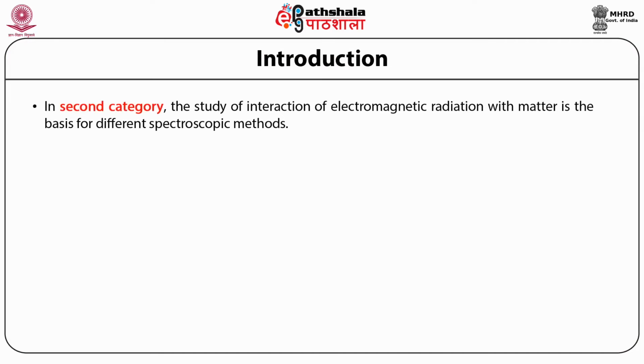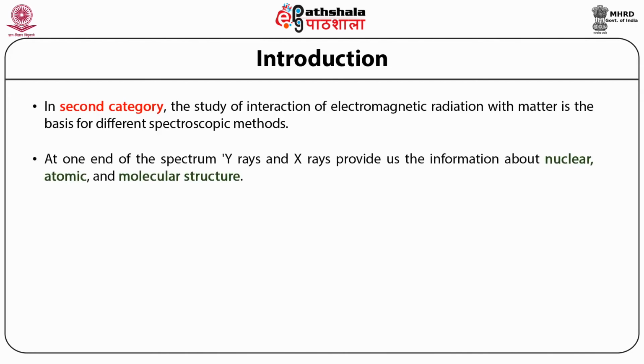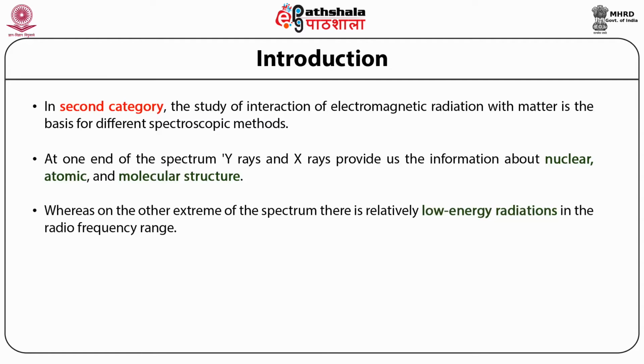In the second category, the study of the interaction of electromagnetic radiation with matter is the basis for different spectroscopic methods. At one end of the spectrum, gamma rays and X-rays provide us information about nuclear, atomic, and molecular structure. On the other extreme of the spectrum, there are relatively low energy radiations in the radio frequency range.